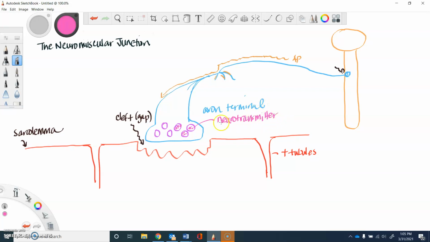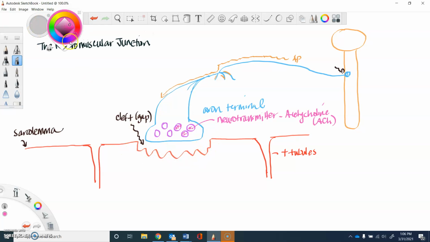That's what they're there for. In this case, at the neuromuscular junction, this particular neurotransmitter is called acetylcholine, or ACh. So these vesicles that are full of acetylcholine, we're basically going to use that chemical and get it across the cleft, and it's going to do something to this area of the muscle cell.